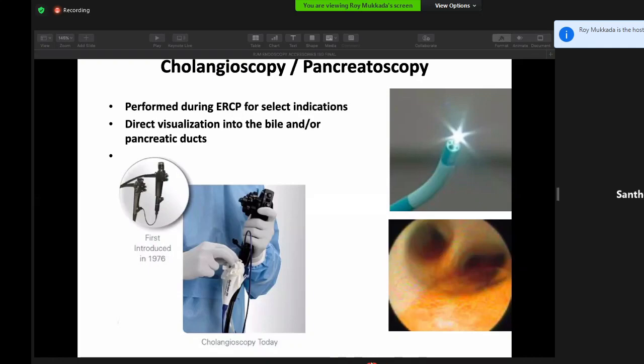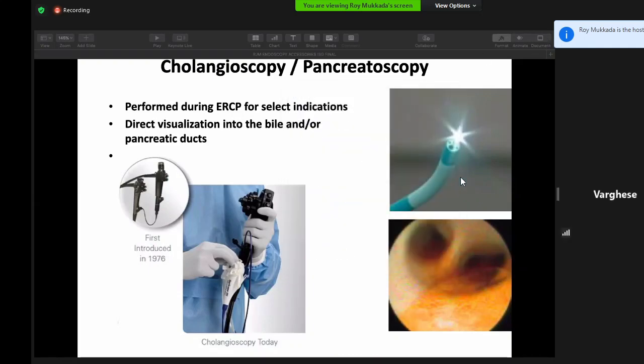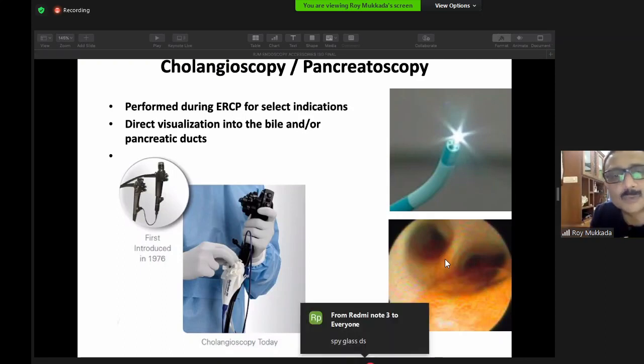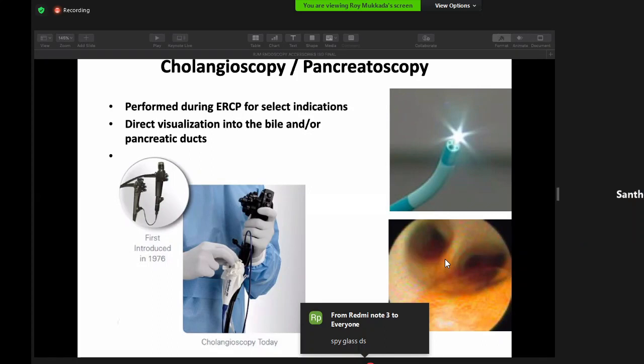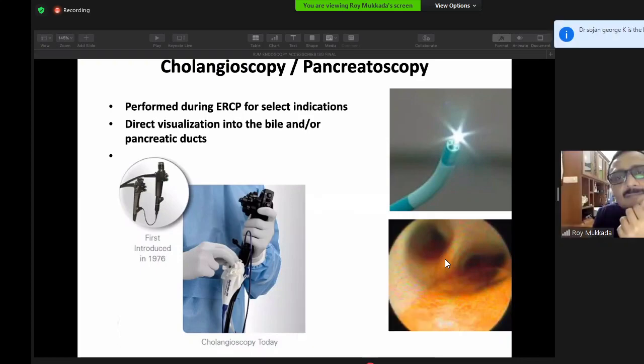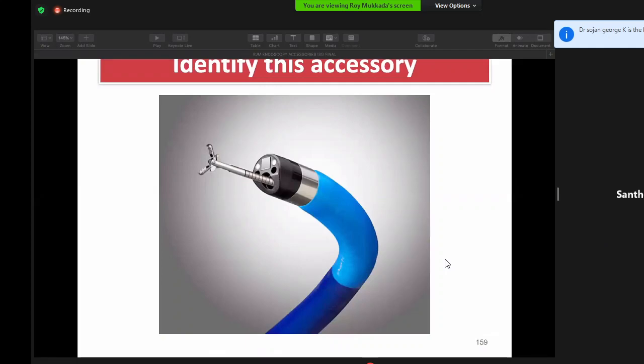Mother baby scope. This is a single operator scope. What is the name of the single operator scope which is available right now in the market? SpyGlass.